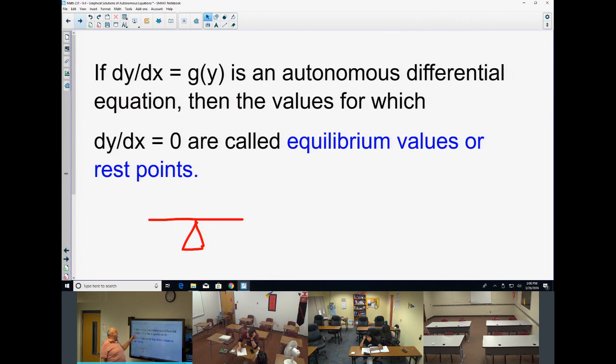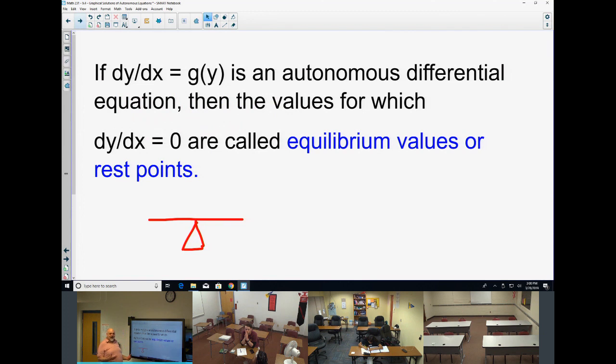So it says if dy/dx is a function of y, so if we have an autonomous differential equation, then the values for which dy/dx equals 0 are called equilibrium values or rest points. Sometimes they use either terminology.